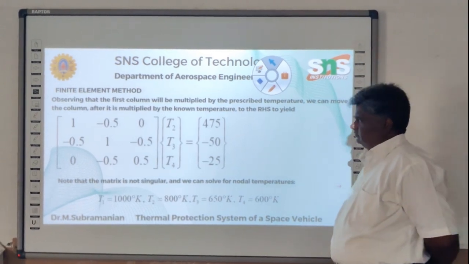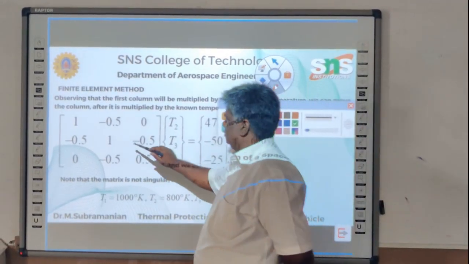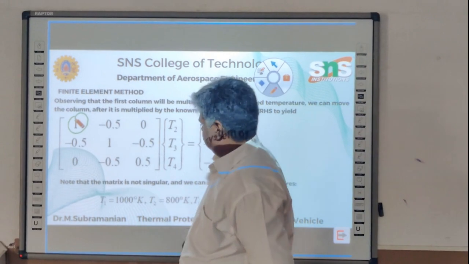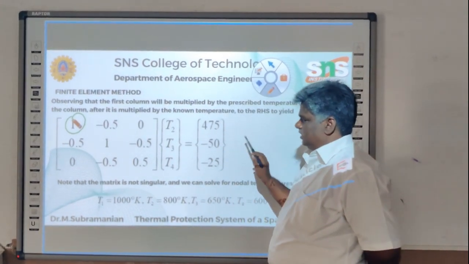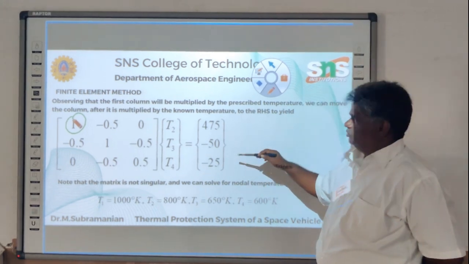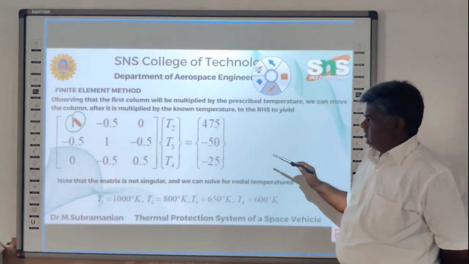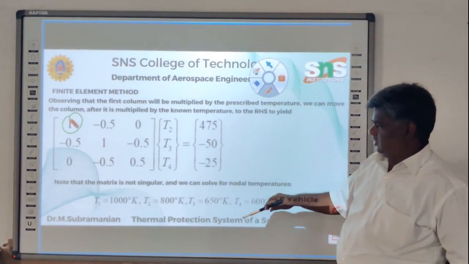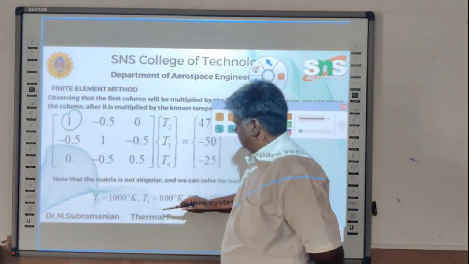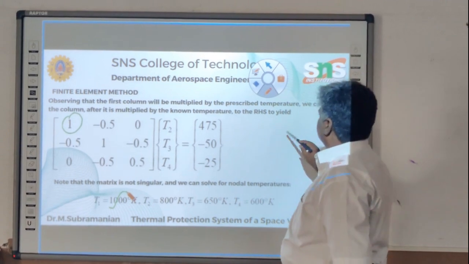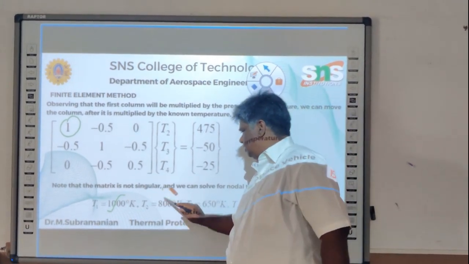Then finally, you have to generate the three simultaneous equations, or by using a Gaussian elimination approach, we can calculate the temperature. T1 is already known.